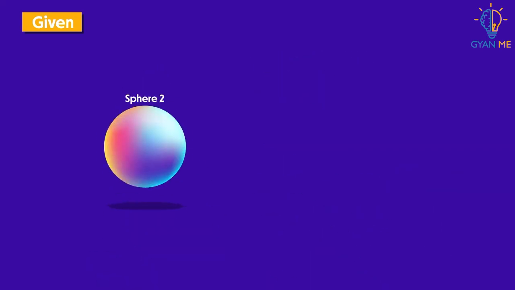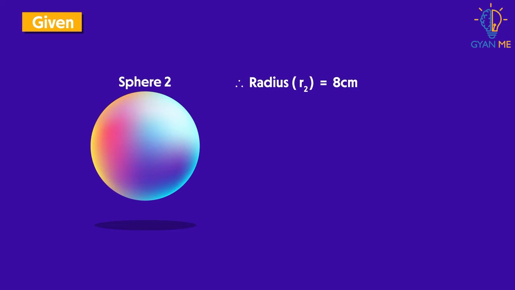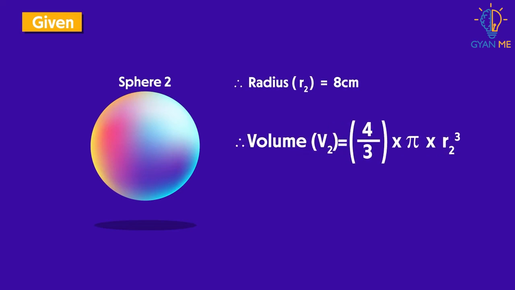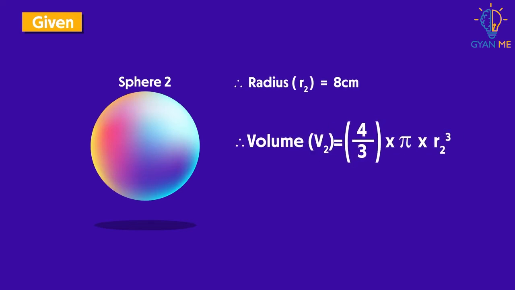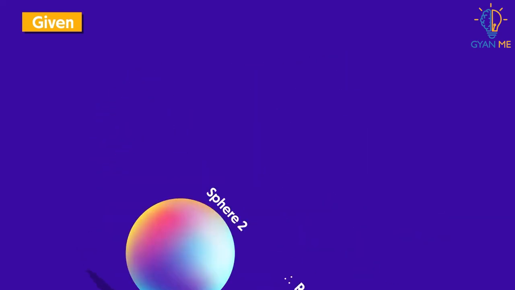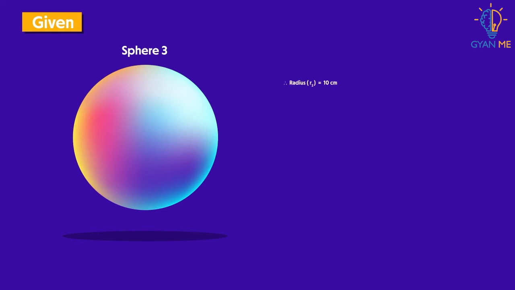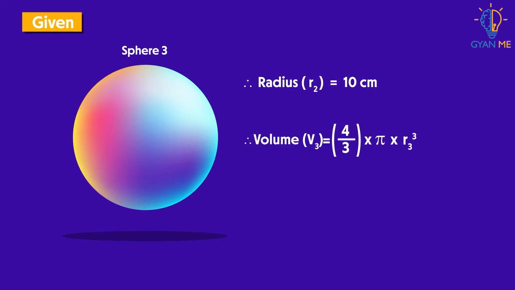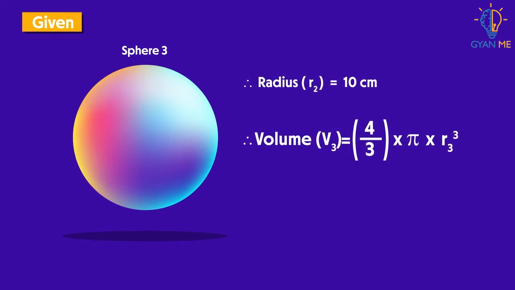Similarly, for sphere 2, which has radius r2 equal to 8 cm, we get volume is equal to 4 upon 3 into pi into r2 cube. For sphere 3, radius is equal to 10 cm. Therefore, volume is equal to 4 upon 3 into pi into r3 cube.